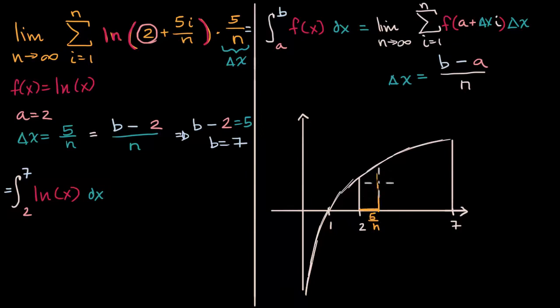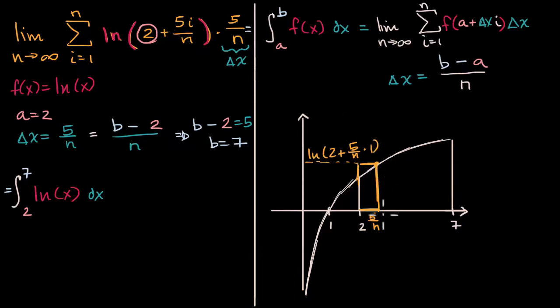Well, it's a right Riemann sum. So we're using the value of the function right over there, right at 2 plus 5 over n. So this value right over here, this is the natural log of 2 plus 5 over n. And since this is the first rectangle, times 1.